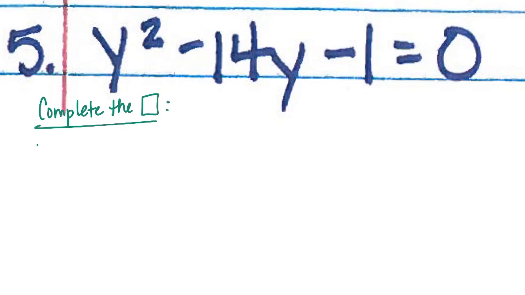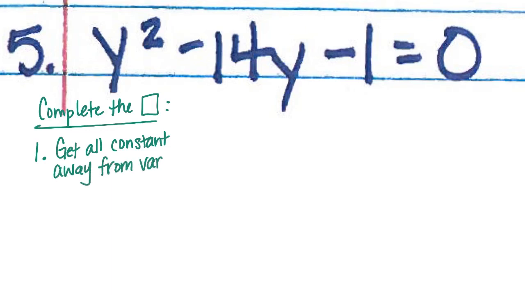And here they are. Our first step is we are going to get all constants, in this case our constant is negative 1, away from the variables. So I'm going to add this 1 to each side.